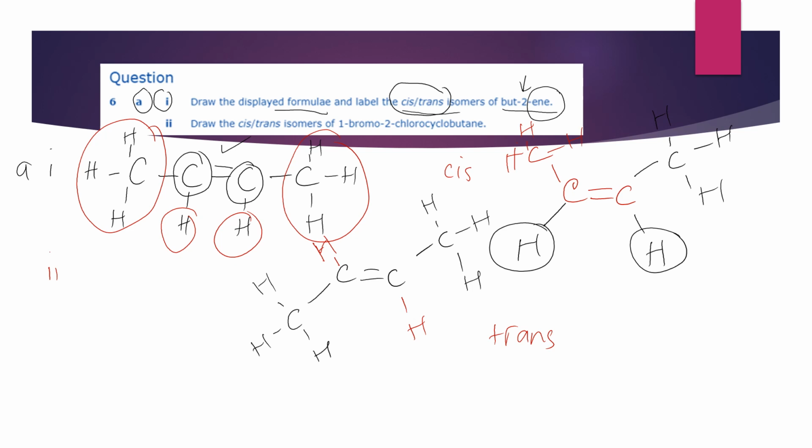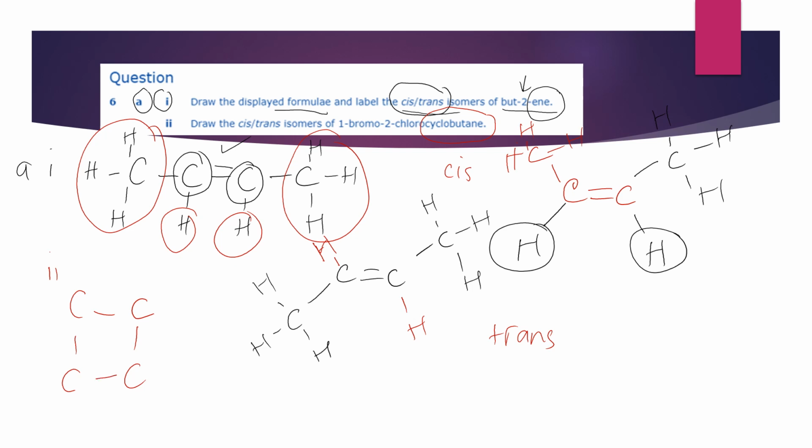Number 2. Draw the cis-trans isomers of 1-bromo-2-chlorocyclobutane. Cyclo, with 4 carbon atoms, like this.